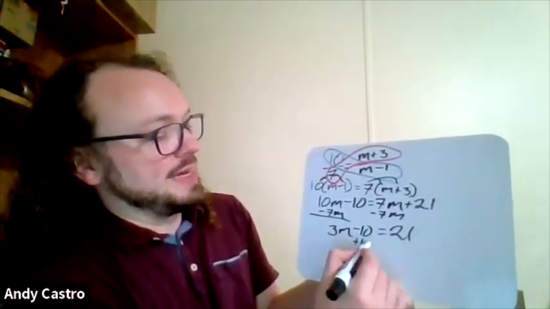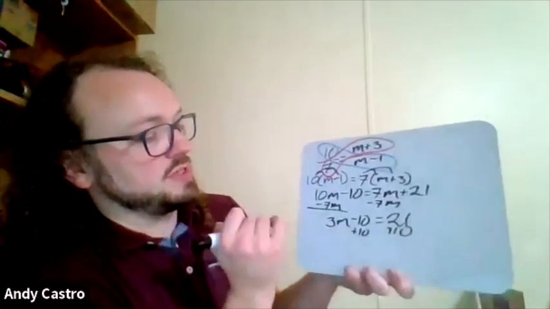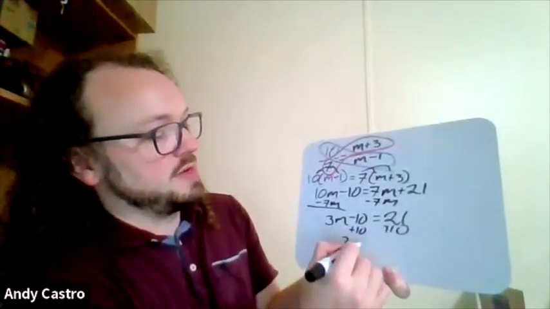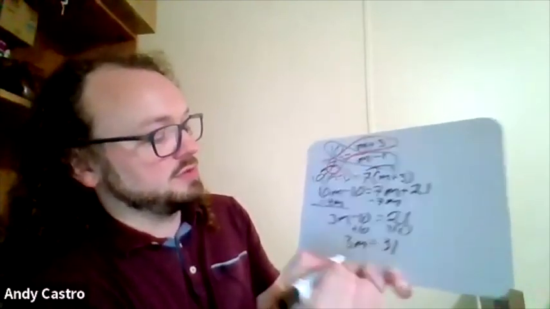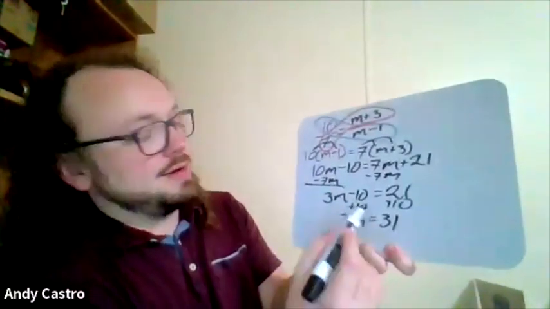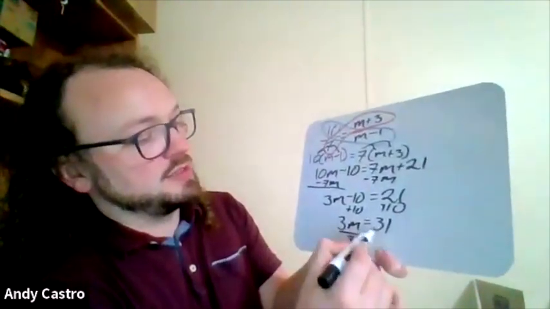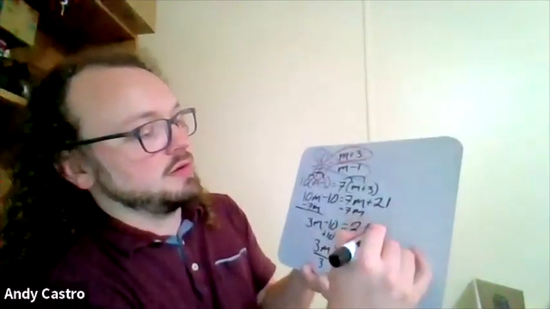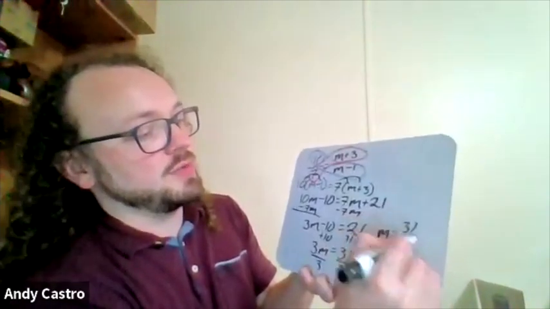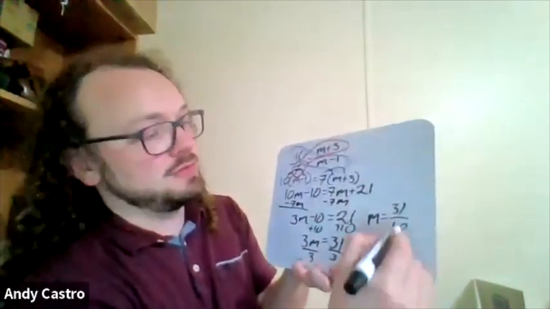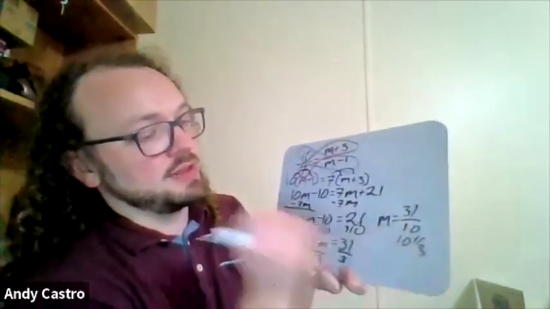And now I have to add 10 to both sides. 3m equals 31. And I'm going to divide both sides by 3. So m equals 31 over 3, which is 10 and a third.